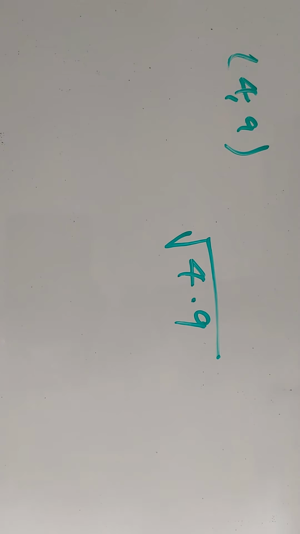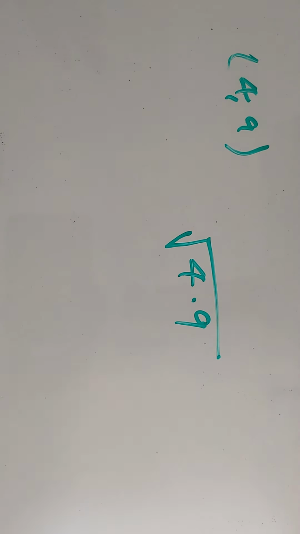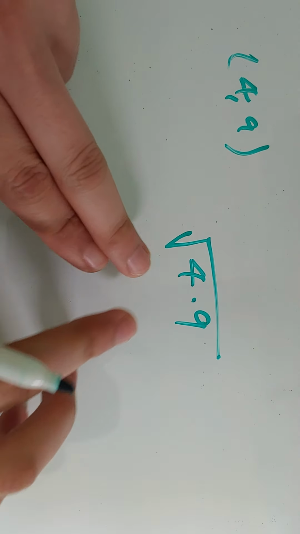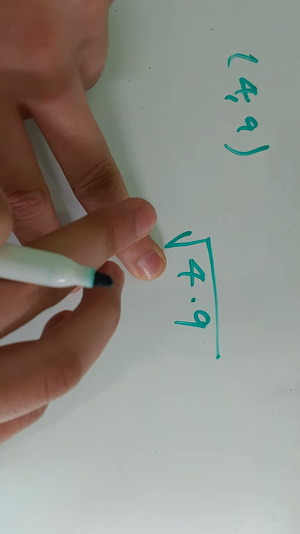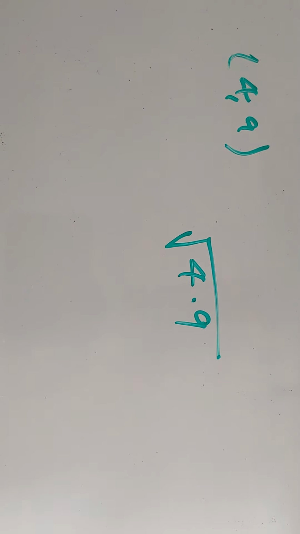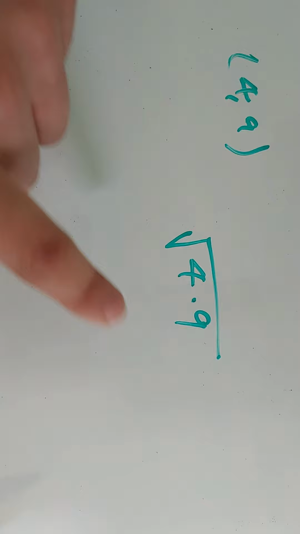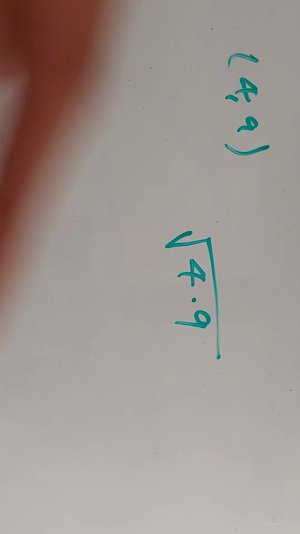Well, this is just the definition of the geometric mean for two numbers. Recall that the geometric mean is just multiplying all the numbers in the sequence together, and then taking the nth root, n being the number of terms that you have. So in this case, since we have two numbers, n is 2, and that means we're going to be taking the square root.